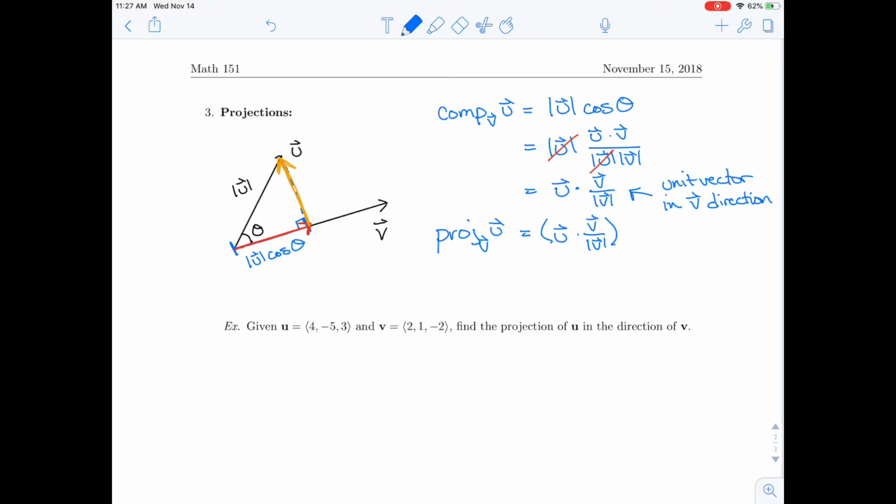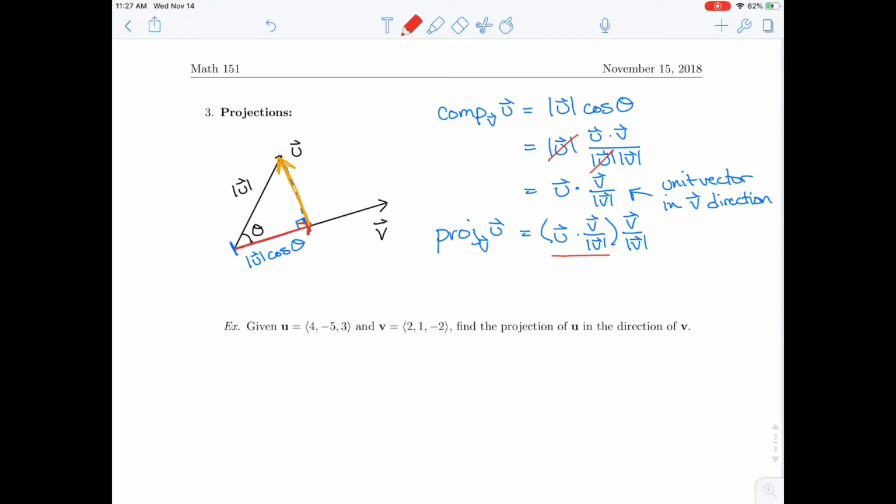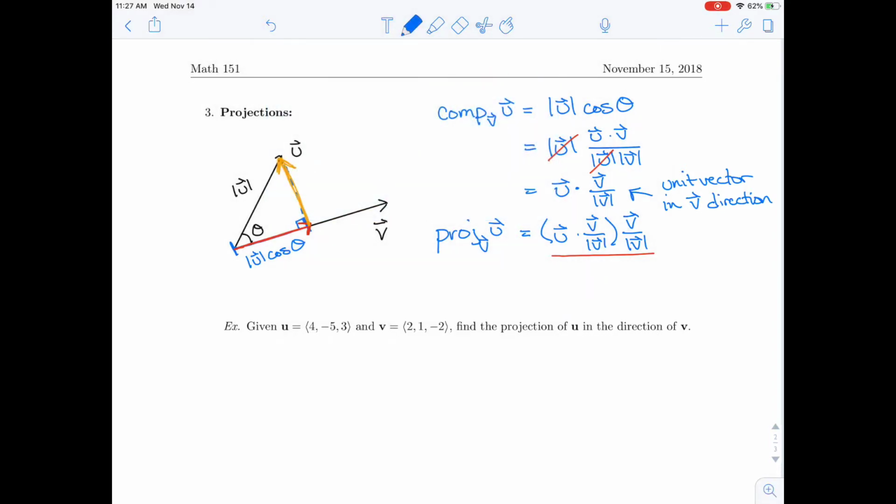So we're going to multiply that scalar number, that amount of u in the v direction, times the unit vector in the v direction. So this is the red vector that you see in the picture. It's the amount of u in the v direction times the vector that's in the v direction.